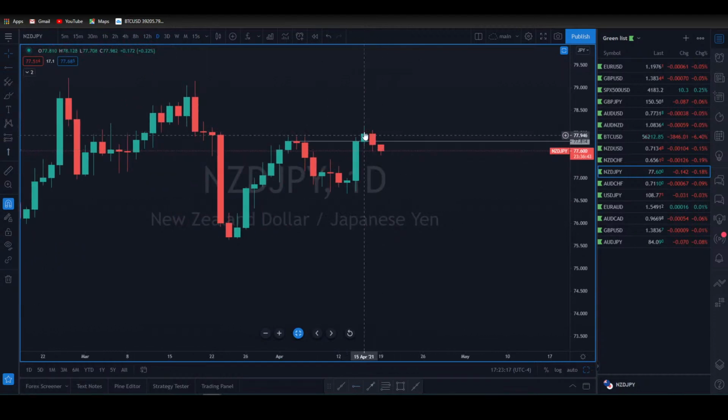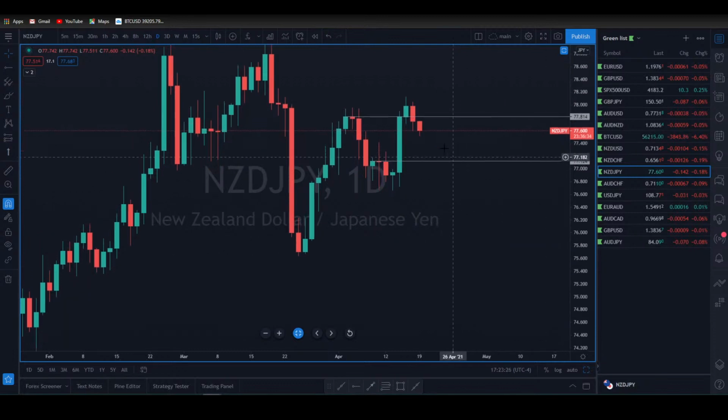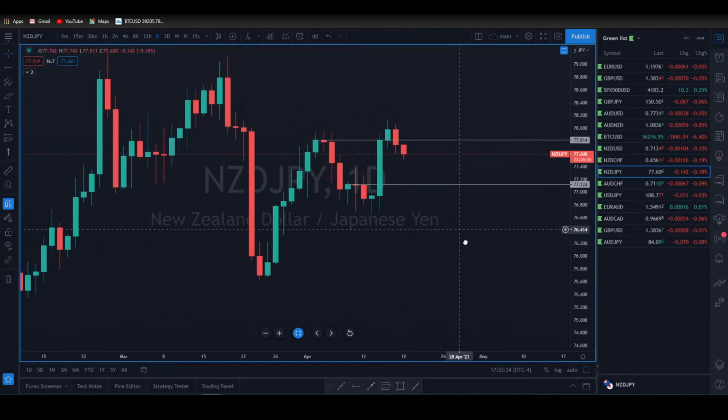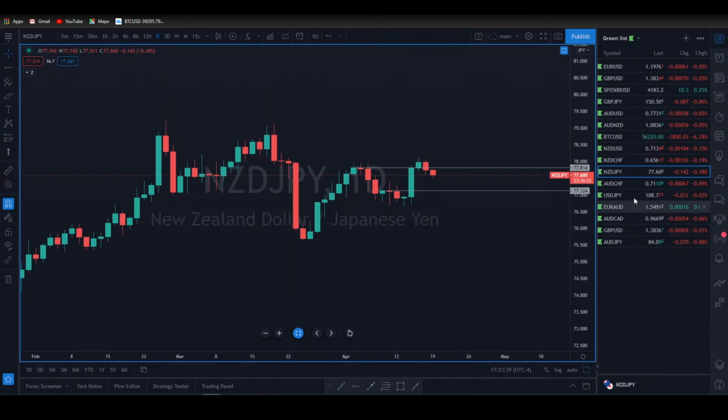You got your daily close above, so chances are bulls are going to be lining up to buy this thing on any support test. Look for 77.124. If you get a push down into this area, you can look for bullish entries targeting this wick high right there. That's what I'd be looking for on the New Zealand versus the Japanese yen.